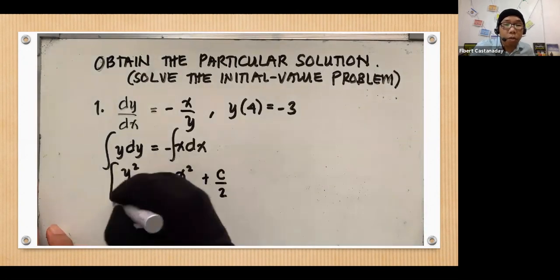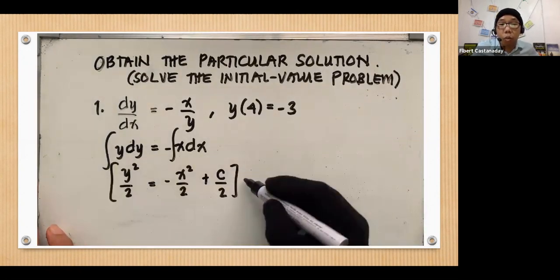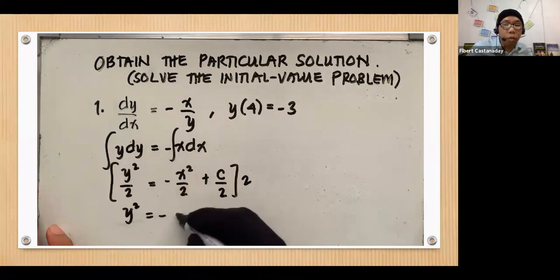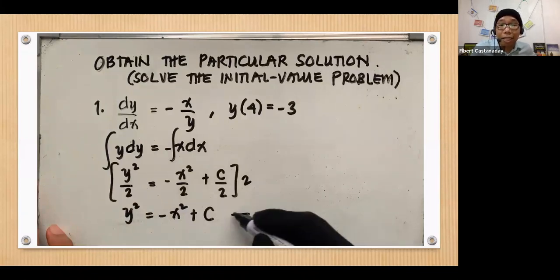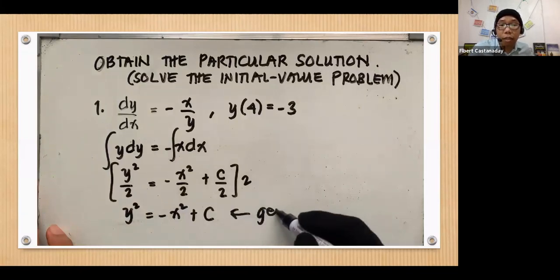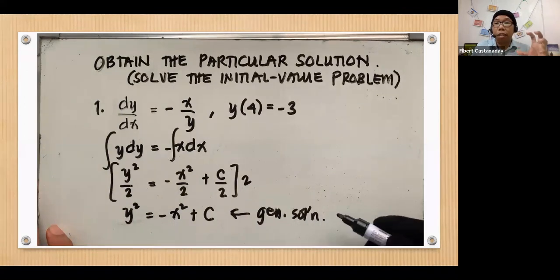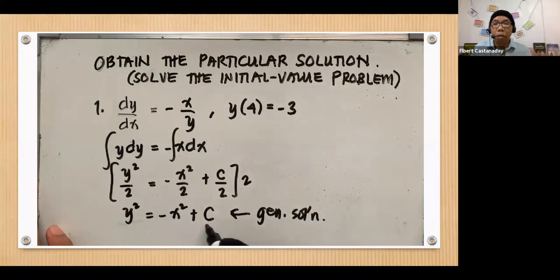And then multiply both sides by 2 para ma-remove natin yung 1/2 in each term. So y squared is equal to minus x squared plus c. So this is now the general solution actually. Pag meron ka ng value ni c, ibig sabihin, masasolve natin yung particular solution.